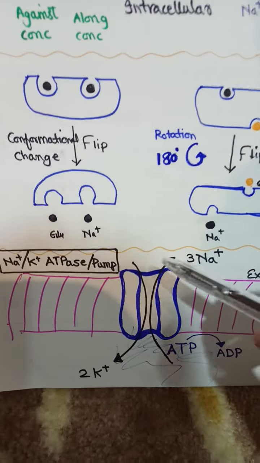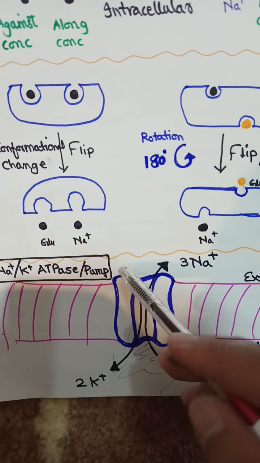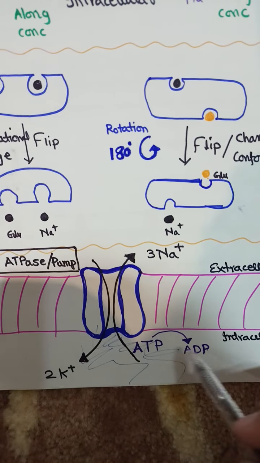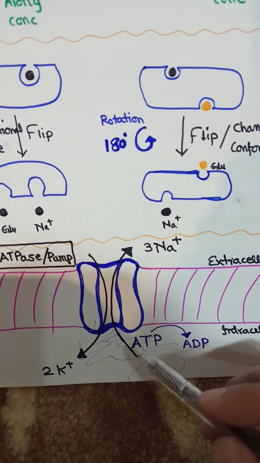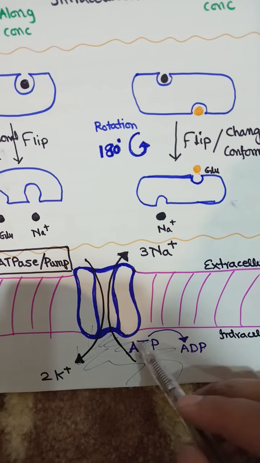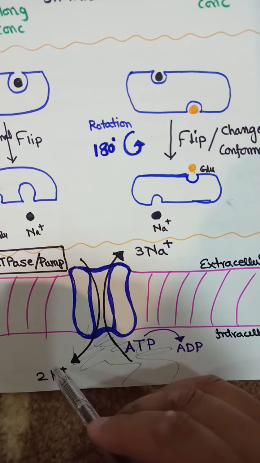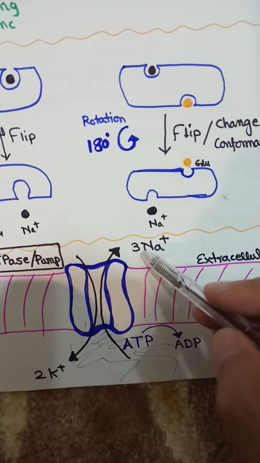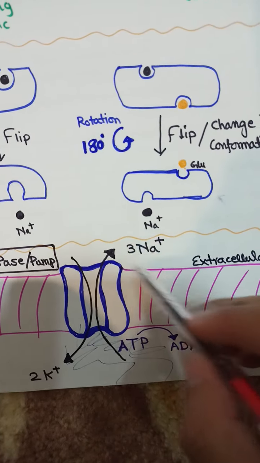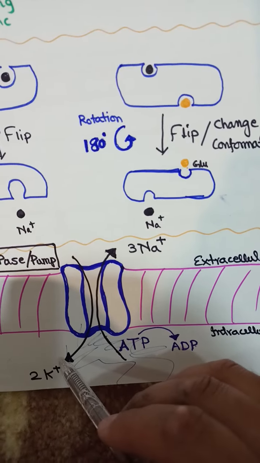Here we have an example of sodium potassium ATPase, also known as the sodium potassium pump. It is ATP dependent transport, so it is primary active transport and it requires an ATP molecule. For each ATP molecule converted into ADP, the energy is enough to transport 3 sodium ions outside and 2 potassium ions inside. Both sodium and potassium move against the concentration gradient.